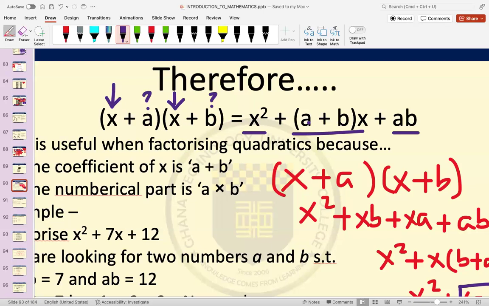For us to know where A and B are coming from, they are coming from X and X. So you record the X here, that this A and B are coming from this X. And then finally, the last step is that just pick the same second numbers in both brackets. And then this time, don't add them, just multiply them to get the side.